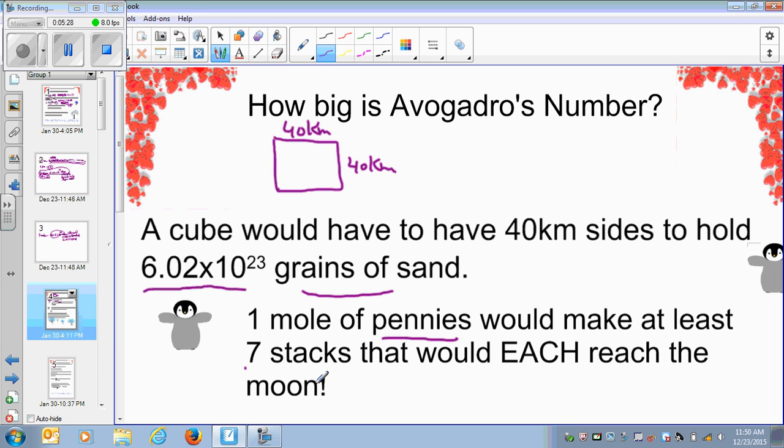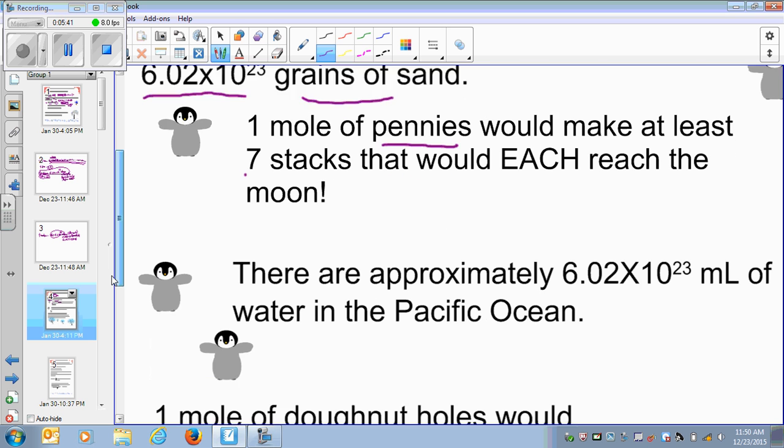So 1 stack of 1 mole of pennies can reach the moon, and you can make 7 round trips of that. This is just giving you a concept of how big the number is.